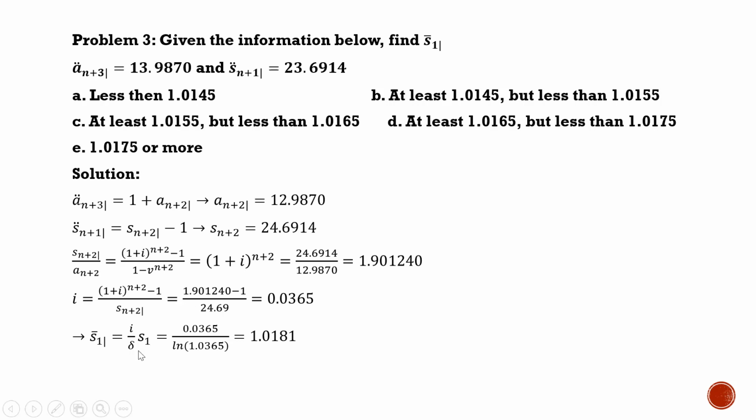I write S of 1 to make sure you can understand why we have i over delta, but S of 1 here is just 1. i is 0.0365, and remember delta is the natural log of 1 plus i, so this becomes 1.0181. So where's 1.0181? The answer is E, 1.0175 or more.